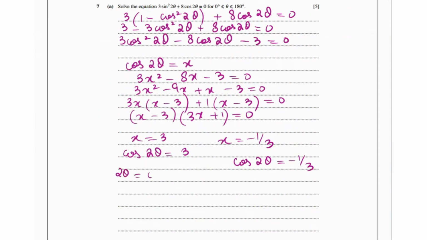So 2 theta is going to be cos inverse of 3, which equals not applicable. There's no answer for that. 2 theta equals cos inverse of -1 over 3, which is going to give us 109.47 degrees.